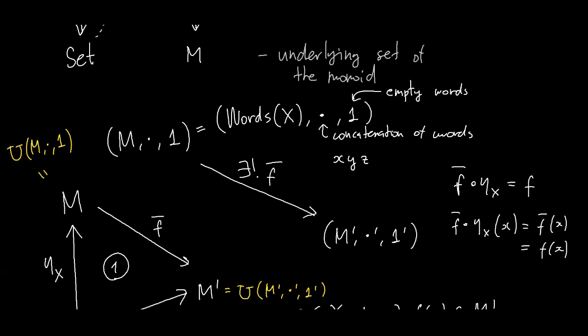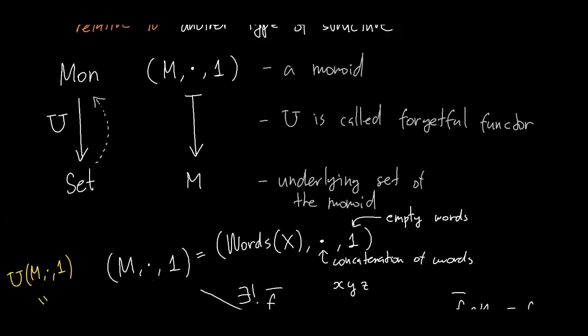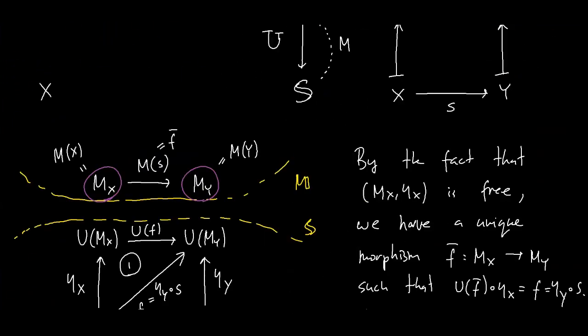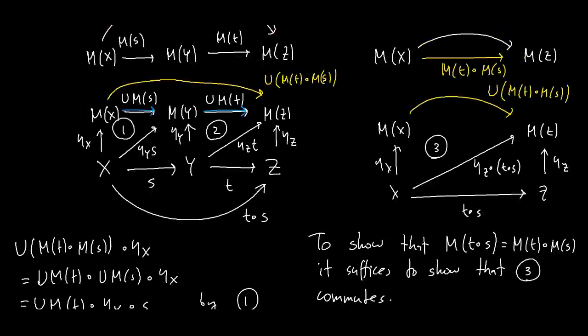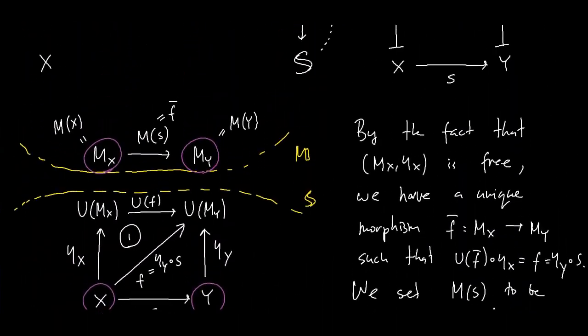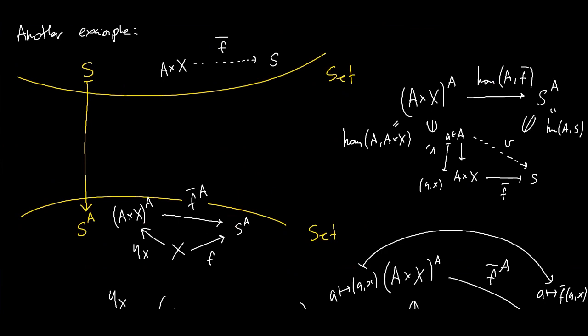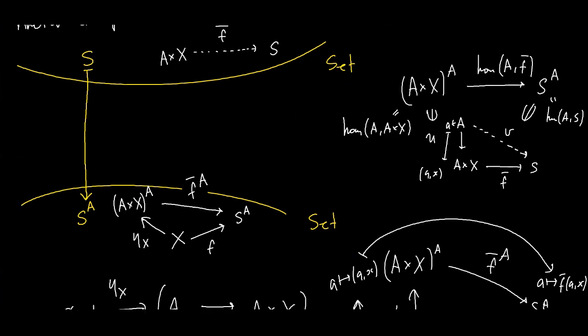We proved that the forgetful functor from monoids to sets is a right adjoint functor by this discussion with words. And we also sketched the proof in the case of the exponentiation functor. But these are just two examples among a sea of many, many other examples, most of which are very important in mathematics.